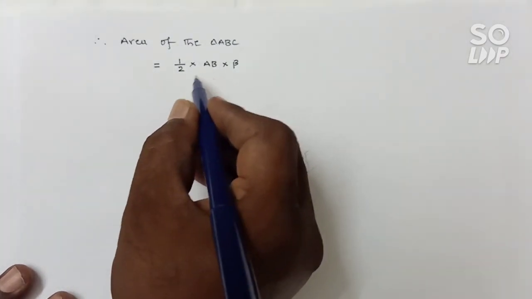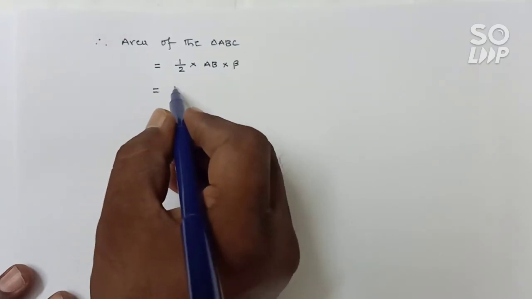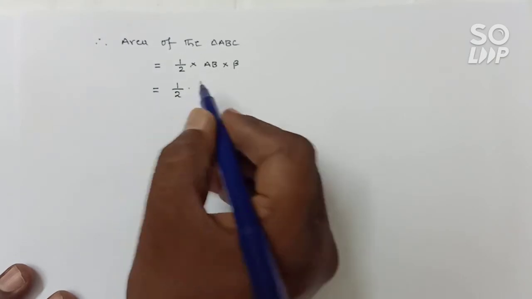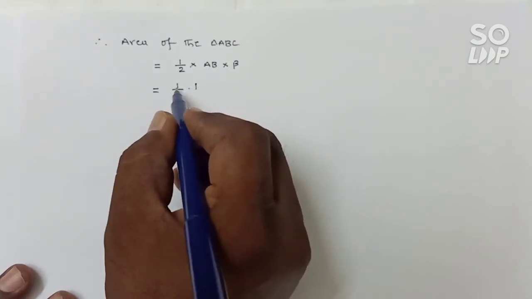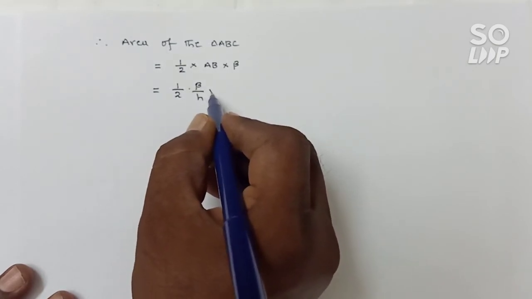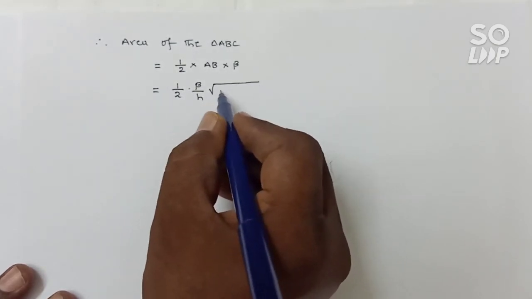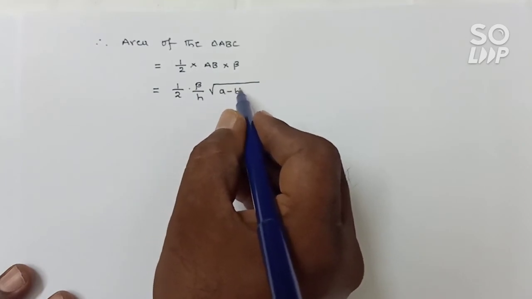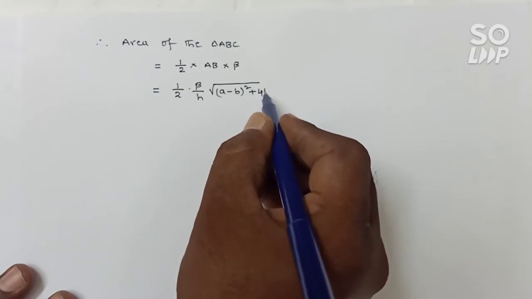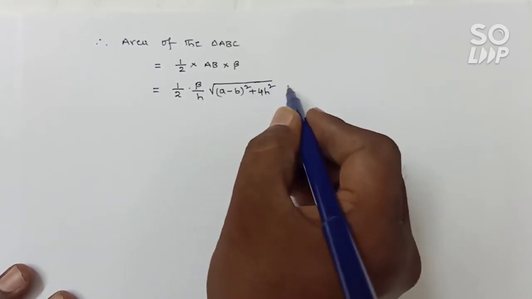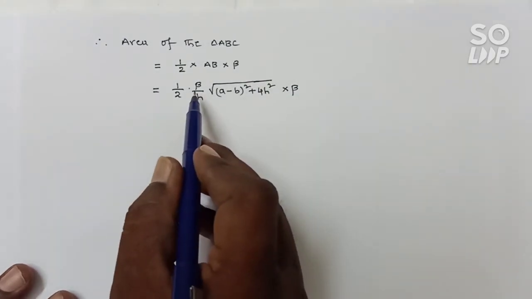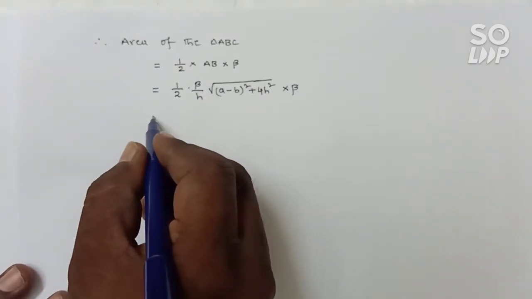Okay, so you got that the AB value is 1 by 2 into beta by h into the root of (a minus b) whole square plus 4 into h square, into beta. Here beta into beta is beta square.